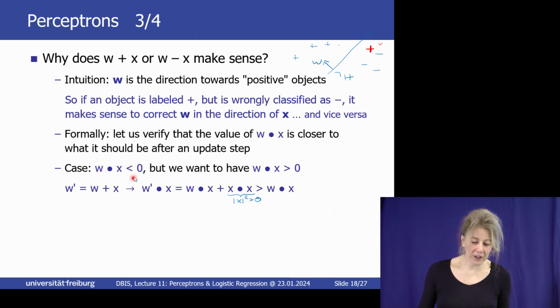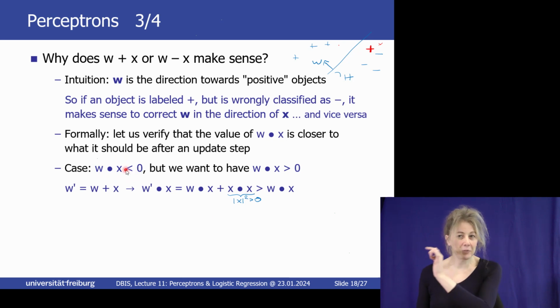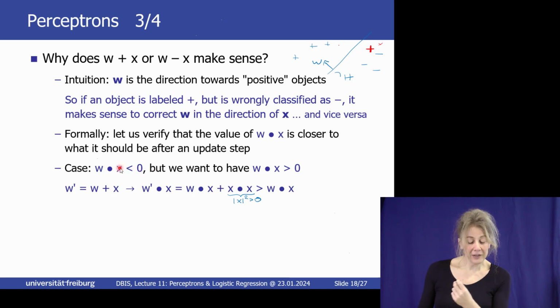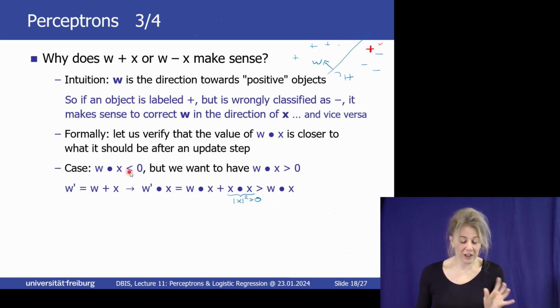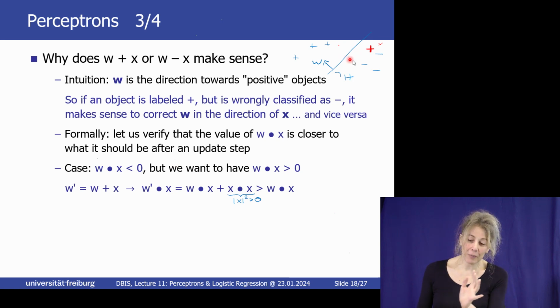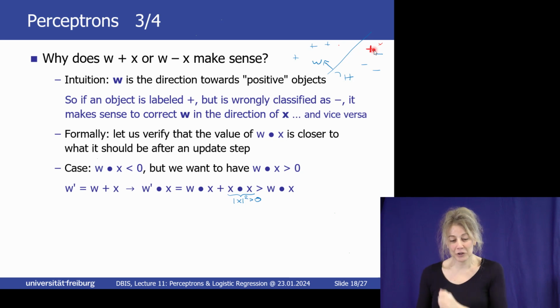It was negative, it should be positive, and I'm adding something. So maybe it's still negative, but I'm making an improvement in the right direction, right? That's what I'm showing here. It said -3, it should be positive. Now I'm adding 1 maybe, or 1.5. Maybe it's still negative, but it got better. Maybe I didn't shift the hyperplane fast enough so that it's now on the other side, but at least I shifted it a little.